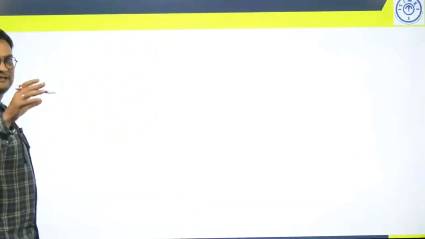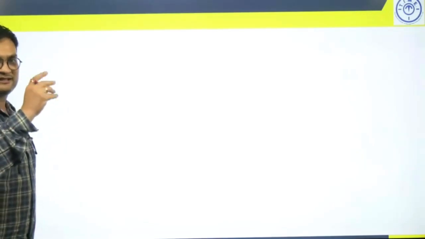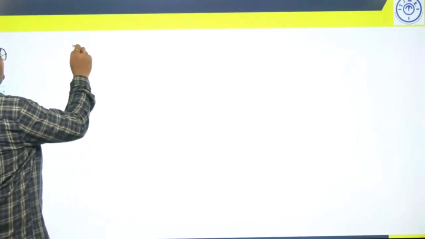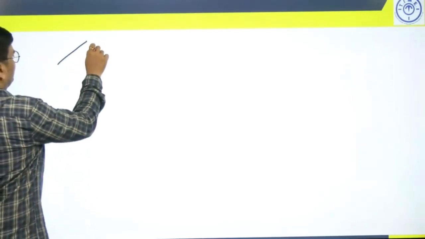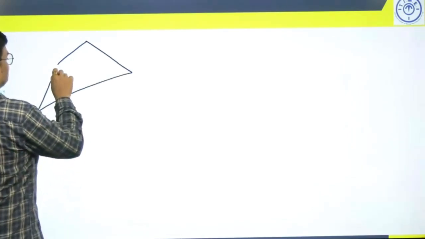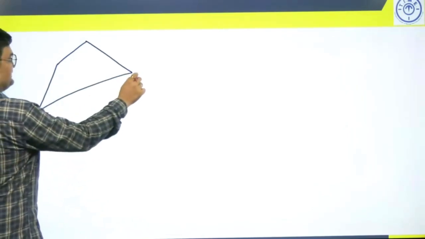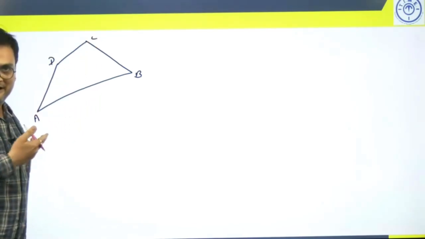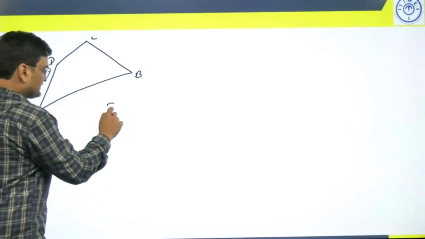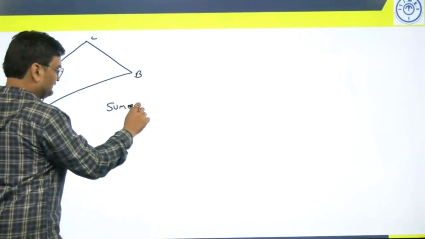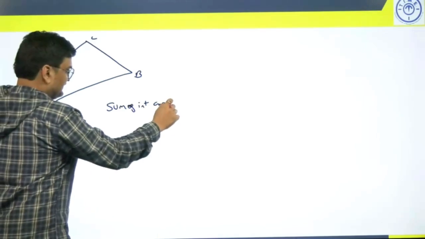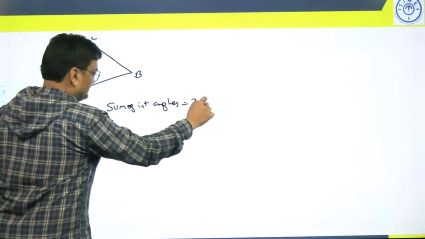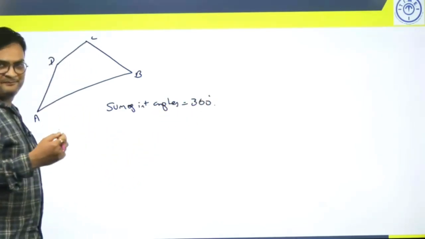So a quadrilateral is basically a polygon which consists of 4 sides. Right. So a general quadrilateral can look like this, quadrilateral ABCD. One of the properties that we have for a quadrilateral is that the sum of interior angles in a quadrilateral is 360 degrees for any type of quadrilateral that you take.